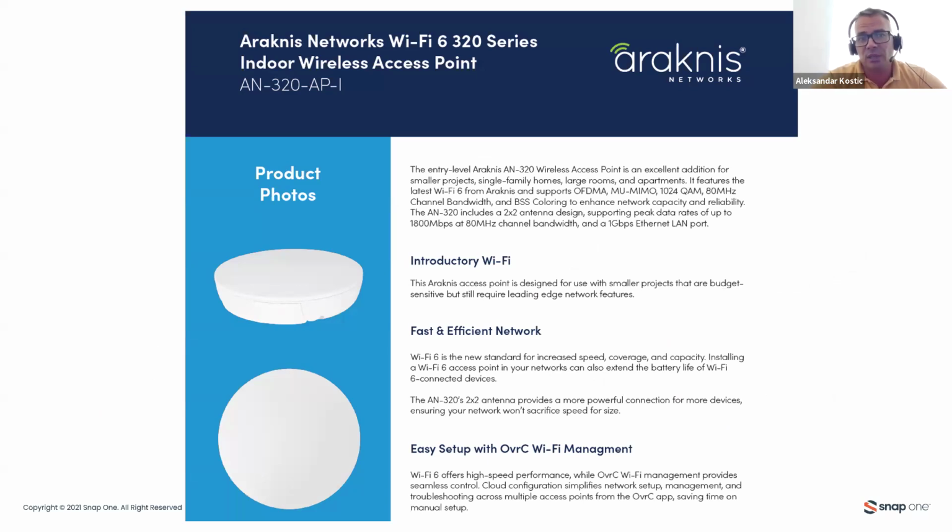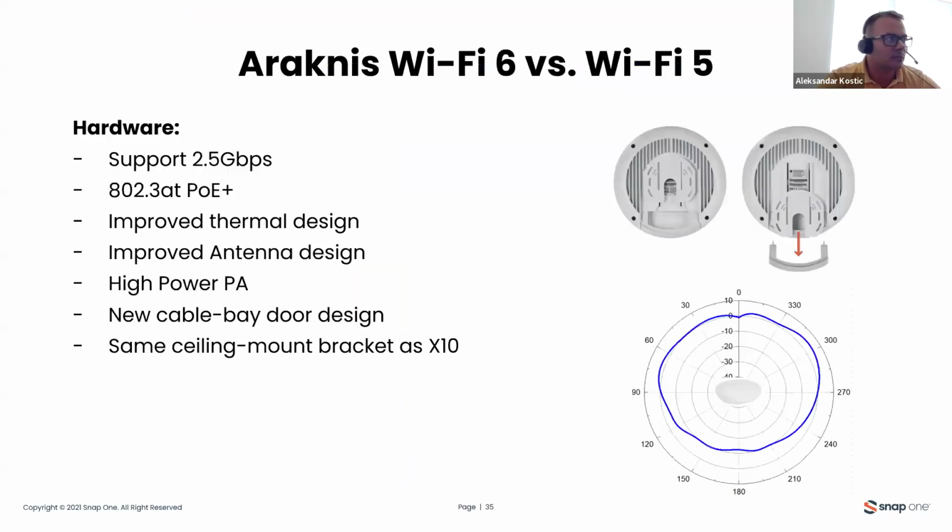That means it is limited to maximum 1 gigabit speeds because that is the limitation of the wired connector on the access point, but the price is much more affordable compared, for example, to the 520, which is also a 2x2 Wi-Fi 6 access point, but with a 2.5 gigabit interface. So the 320 access point is something intended to be used as an entry-level access point, like a light 520 access point.